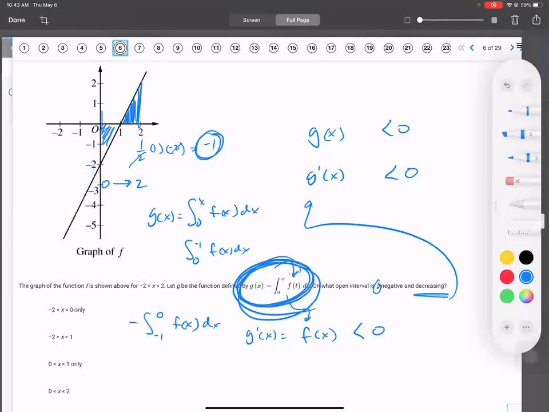From -1 to 0, would that be a positive or negative answer? If I summed from -1 going this way, that would be a negative answer, right? But isn't that also a negative? So a negative and a negative become a positive. So that would not have given us a negative area.